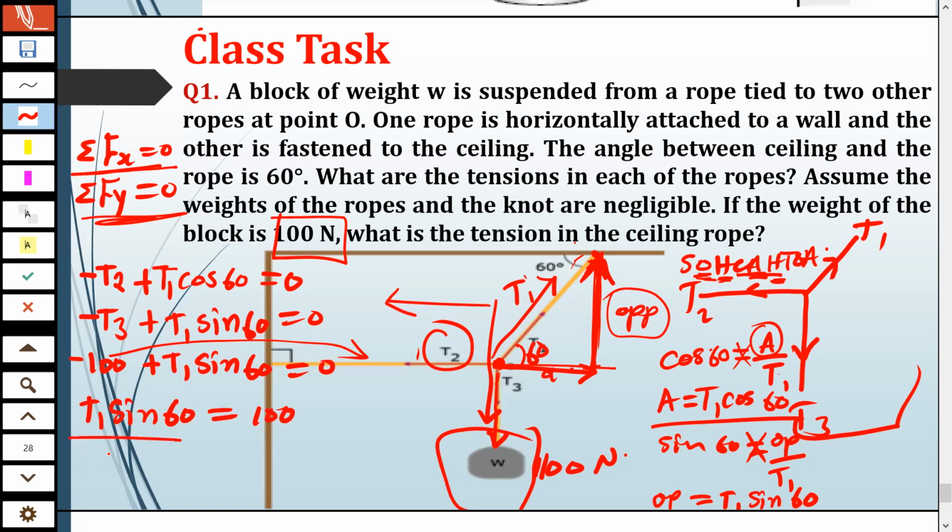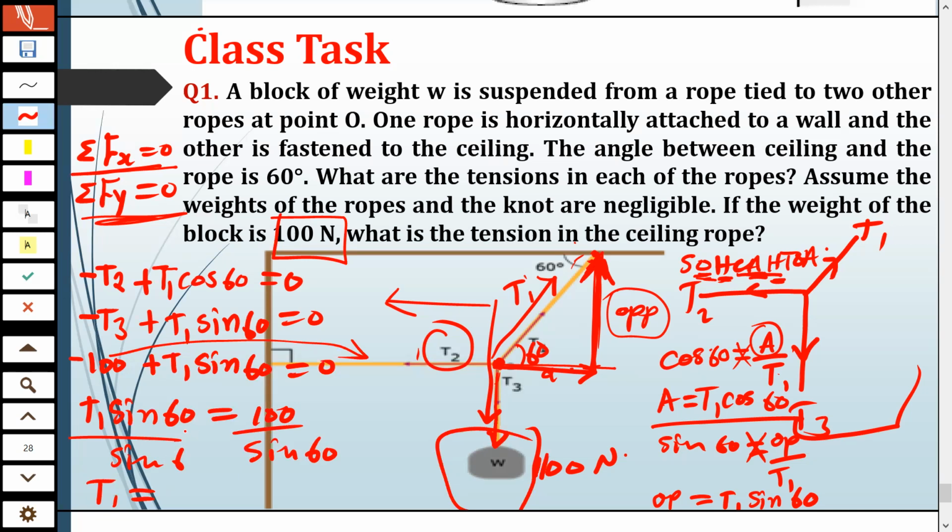And from here, we're just going to divide by sine 60, so that we get the value of T1. So T1 is therefore going to be equal to 100 divided by sine 60. And the answer is 115.5.